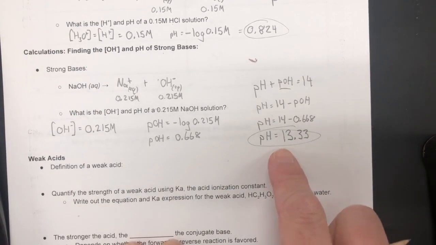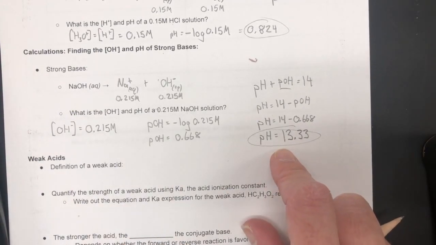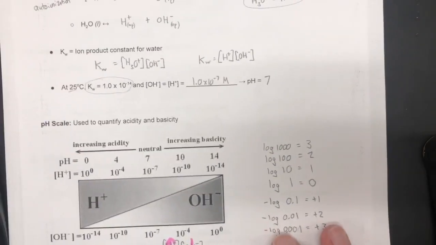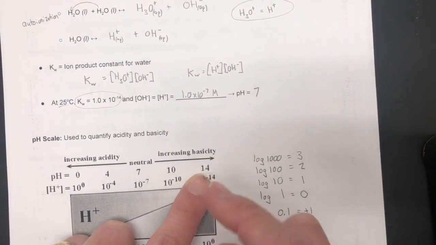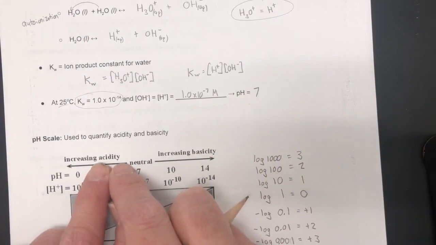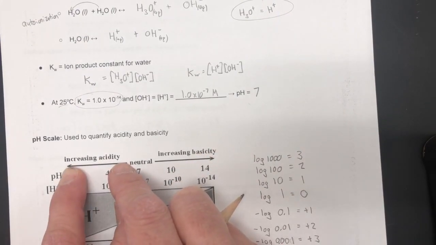And again, on the pH scale, just going back a little bit to this, the closer you are to 14 would be more basic. The closer you are to 0 is more acidic.